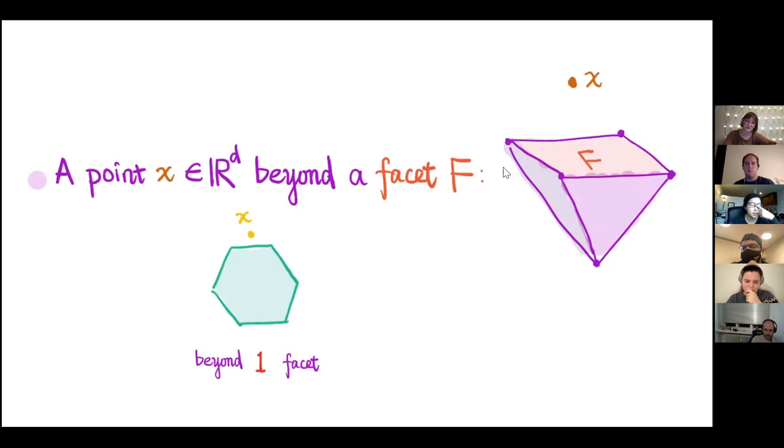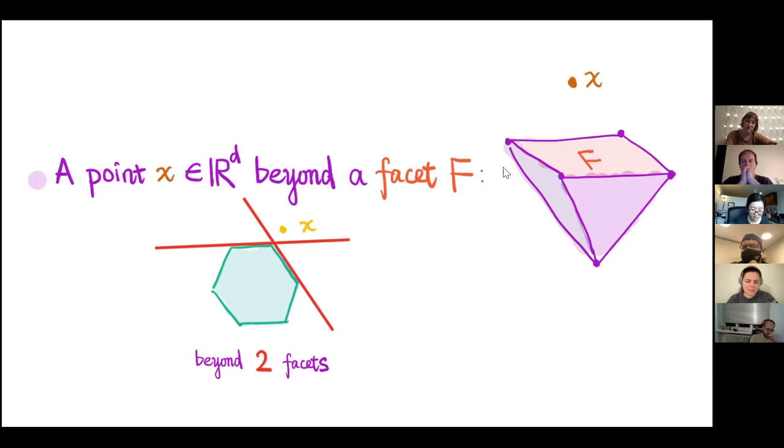And once we define that, given a point and a polytope, you can count how many facets that point is beyond. So this yellow vertex is beyond one facet, the top one, because of this hyperplane that separates the two parts. But if I move it here, then it's actually beyond two facets. Another way to understand this is to imagine that you're standing at that point X and you are counting how many facets you can see from that point.